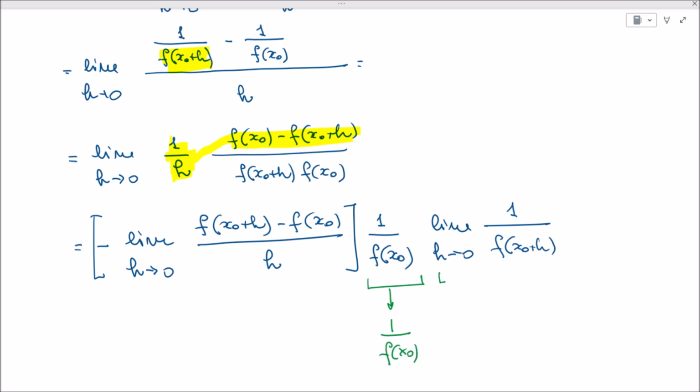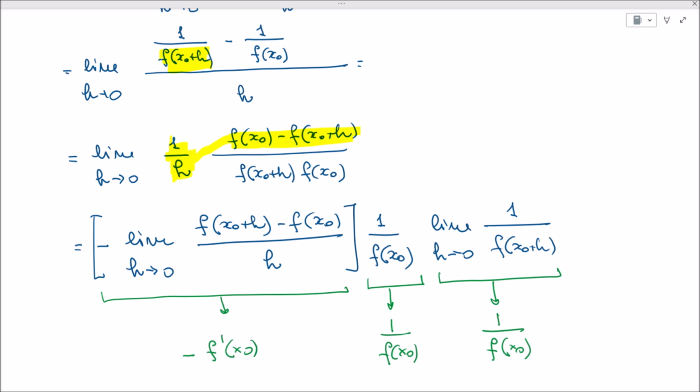Okay, this, for h that goes to 0, because f is a continuous function, once again gives rise to another 1 over f of x naught, and instead this thing gives minus f prime of x naught.